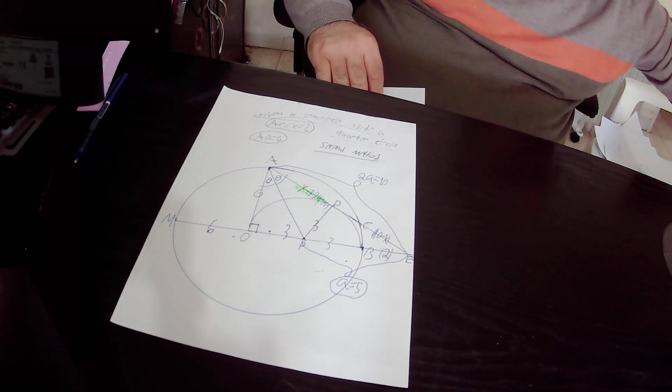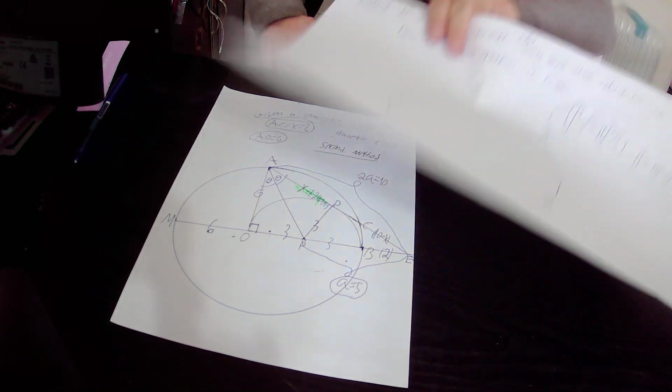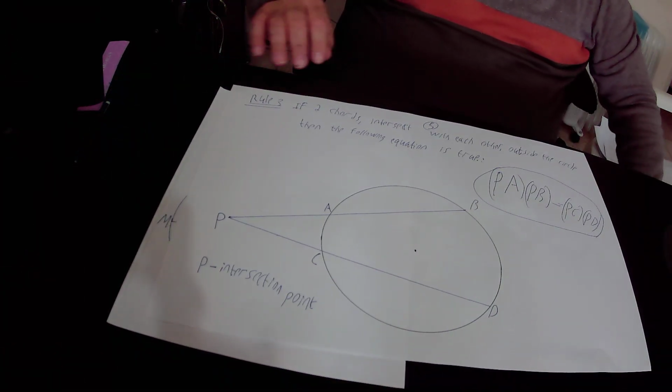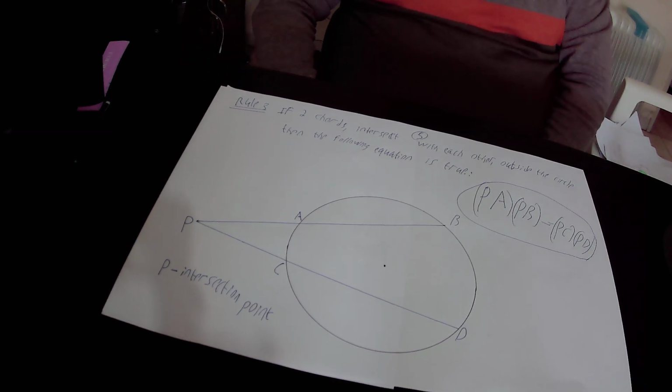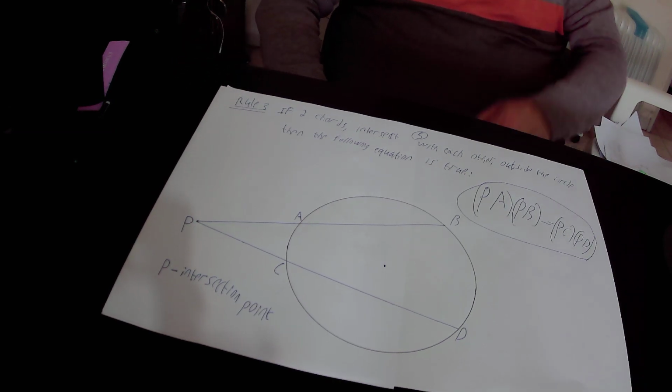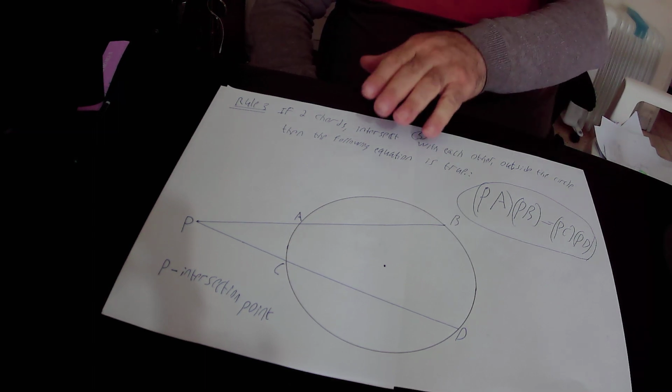Then I presented to you a new rule, rule number 3. According to rule number 3, if two chords intersect with each other outside the circle, then the following equation is true: PA times PB equals PC times PD.